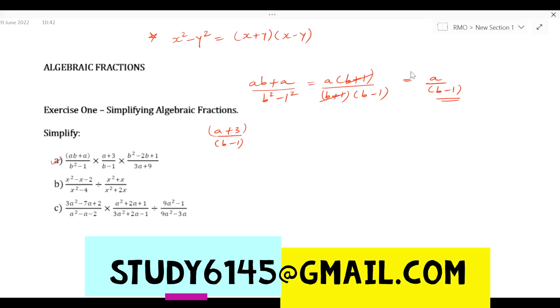We just have to multiply that with. Okay, so we can't simplify this further, right? Yes, it's already in the simplest form.